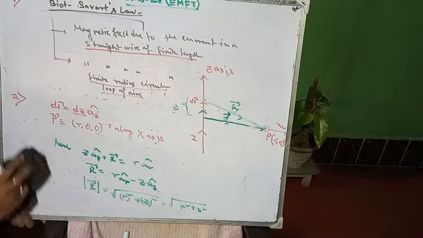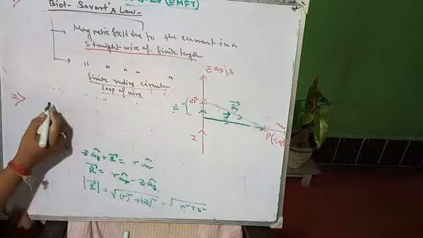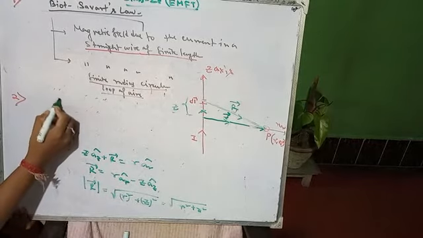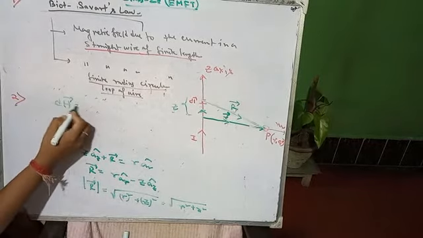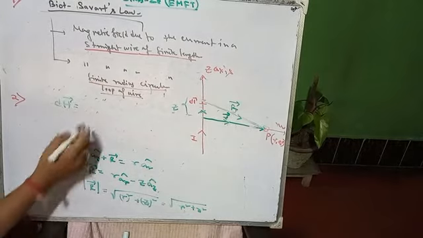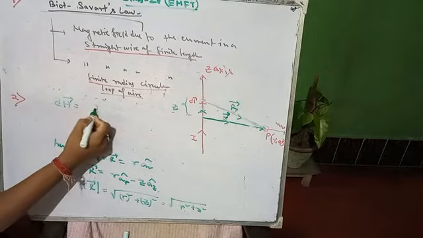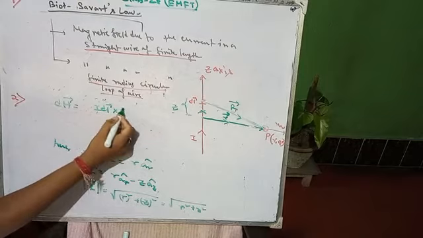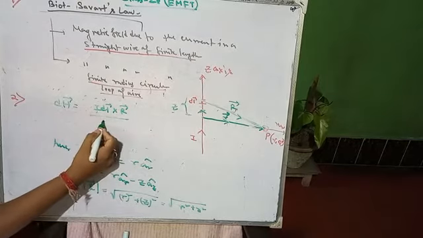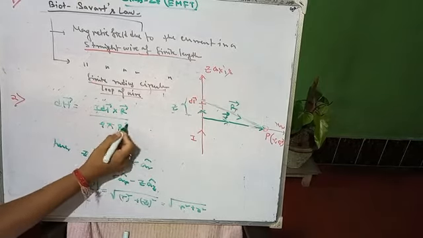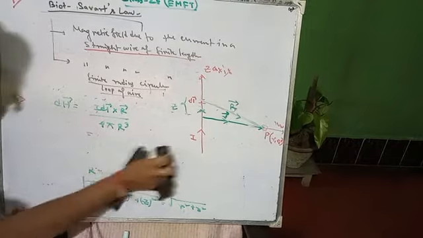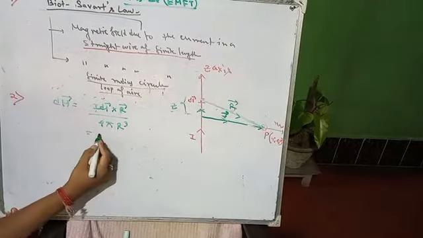Now what is dH here? dH will be I dl cross R vector divided by 4 pi R cube.